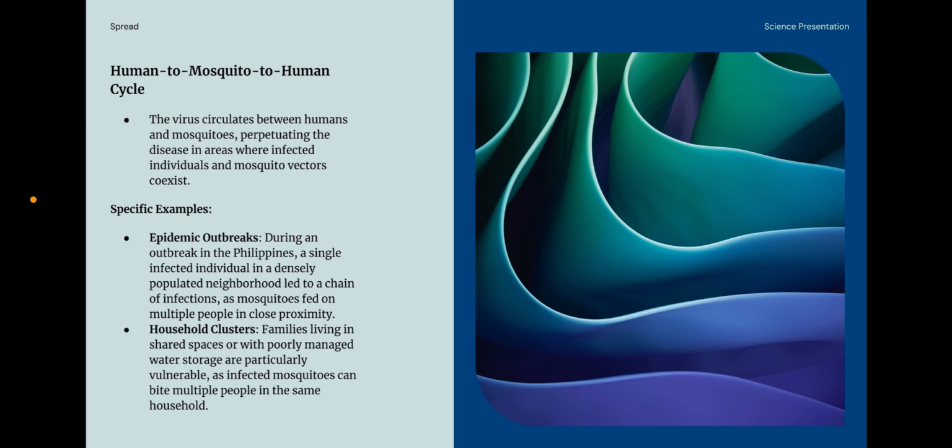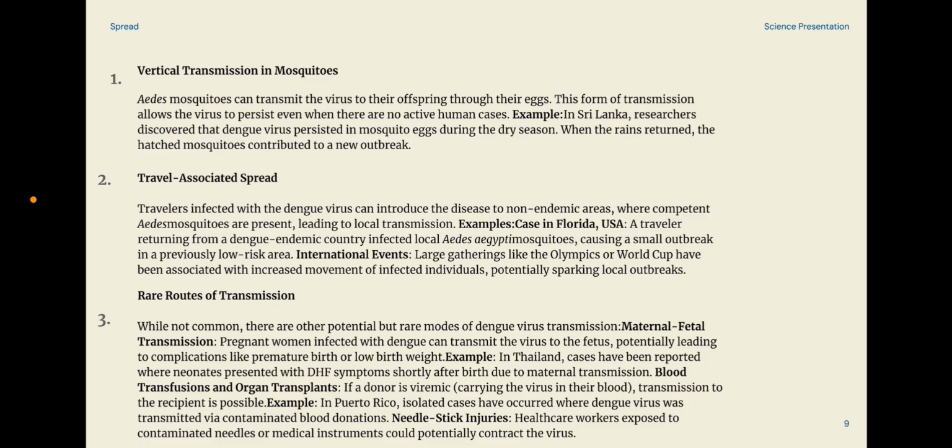Household clusters: families living in shared spaces or with poorly managed water storage are particularly vulnerable, as infected mosquitoes can bite multiple people in the same household.